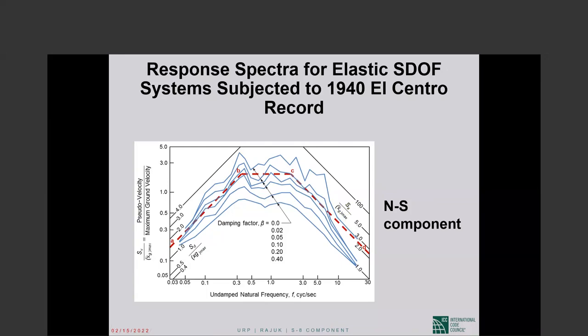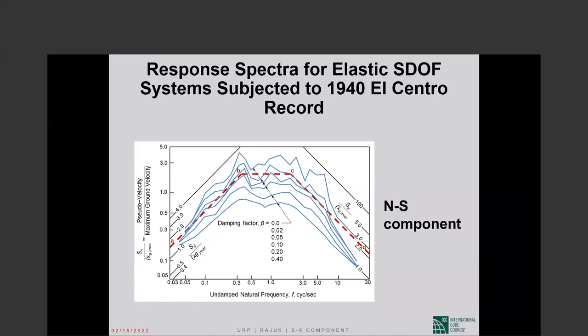So the one important observation, in addition to the fact that the 5% damped spectrum can be represented by the 3 lines, is that along the constant acceleration part of the spectrum, the spectral acceleration is just about 2.5 times the peak ground acceleration. This is a very important relationship that holds. The plot is for 1940 El Centro north-south component, but this observation of Professor Newmark is across the board.